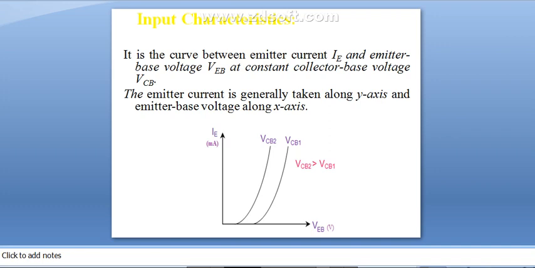See here, it is emitter current and this one is emitter base voltage, at constant collector base voltage. So here VCB2 is greater than VCB1. So if you increase the collector base voltage, at lower base emitter voltage, the emitter current is flowing.